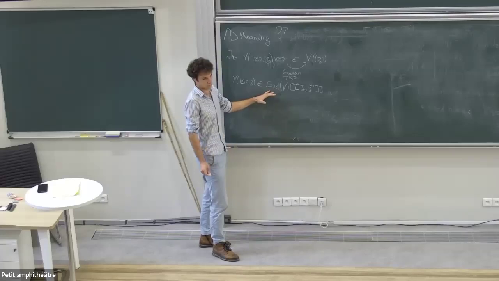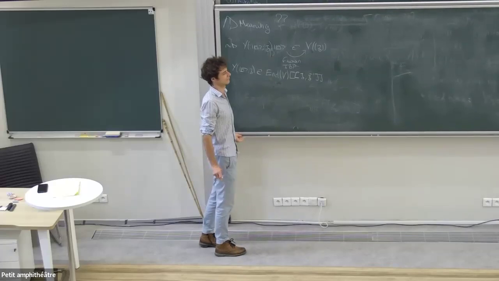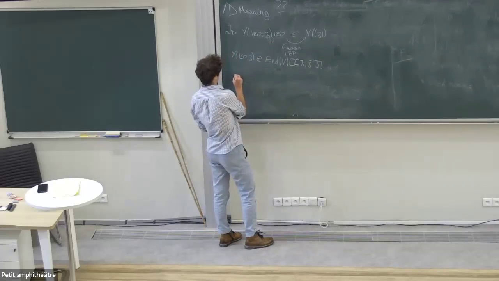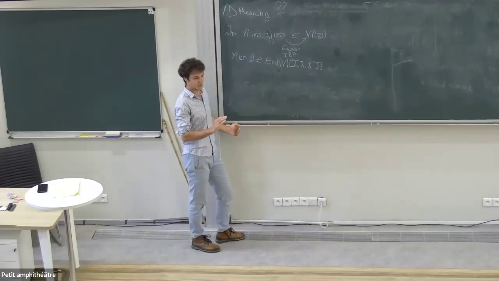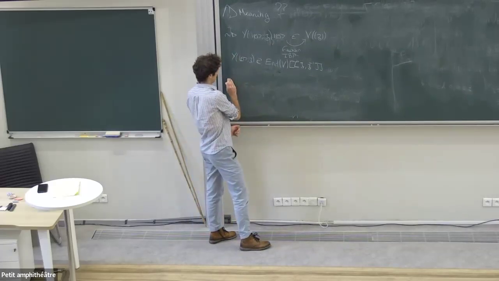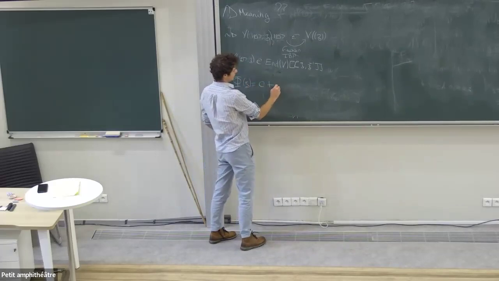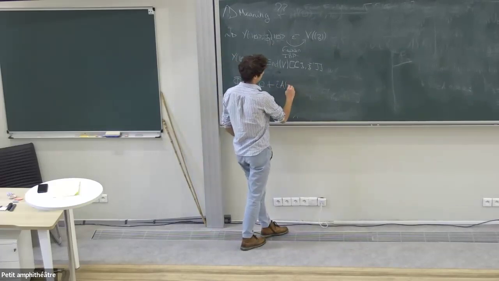So I want to define an object like this. So how do I define such an object? I will introduce the analog of the GFF in this VOA setting by putting phi of z, which is c plus I of z.